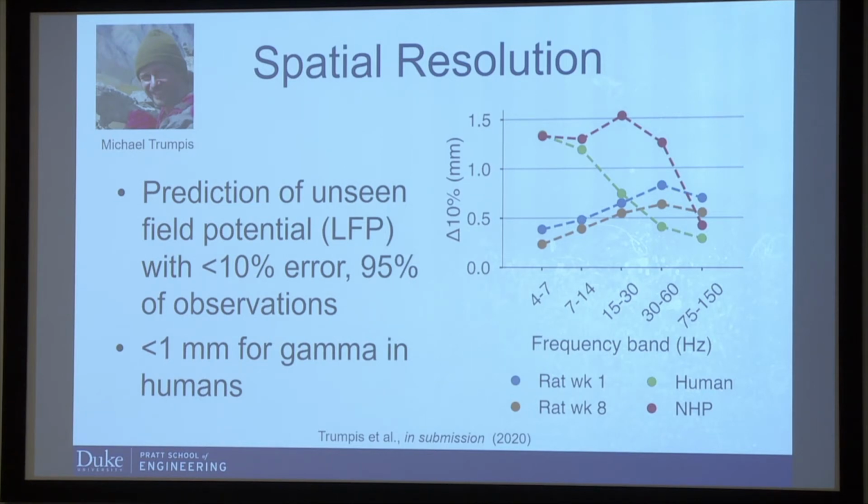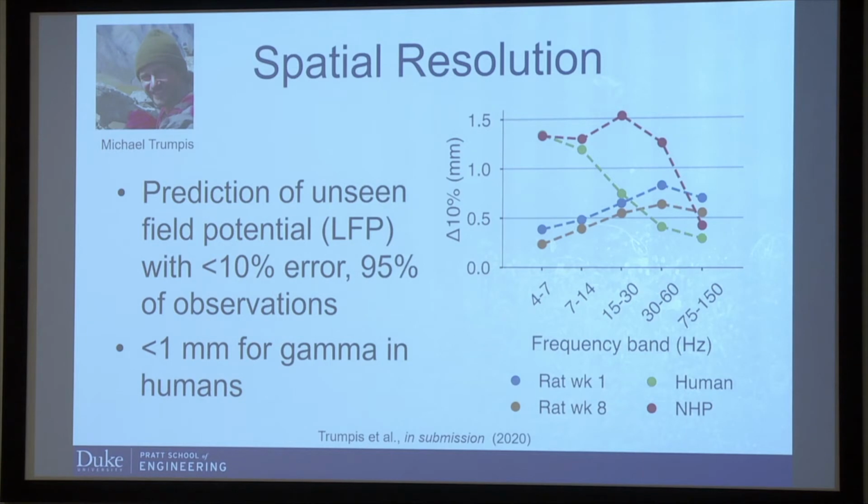So that is, if we leave out half of our electrodes and we try to predict those electrode contacts from every other electrode, how fine of a pitch do we need to guarantee that we can predict the local field potential with less than 10% error 95% of the time? So we're setting arbitrary accuracy requirements. And so what kind of pitch do we actually need to be able to predict all of the local field potential between our electrode sites without inducing too much error?